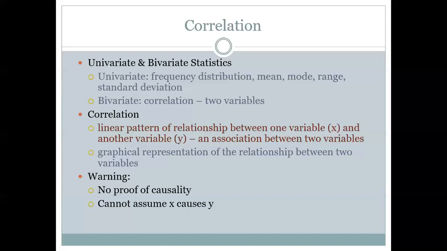But we cannot say that the x variable, for example, will cause variable y to increase, or that variable y will cause variable x to increase. That means we cannot predict their causality effect, the cause and effect. So that is correlation.